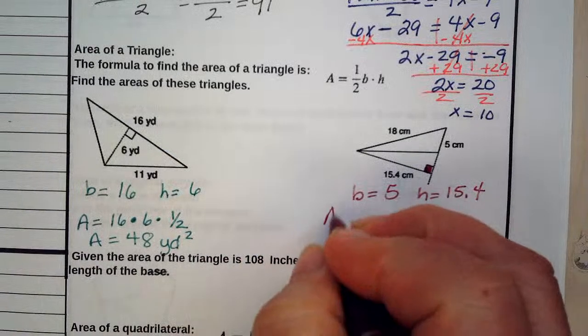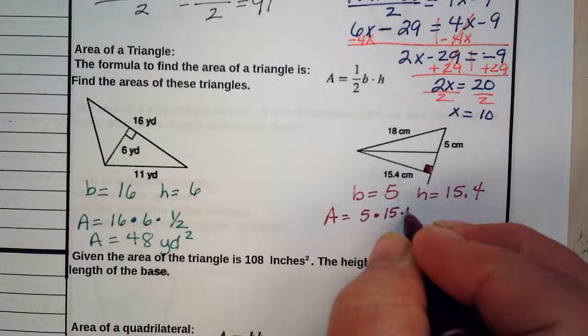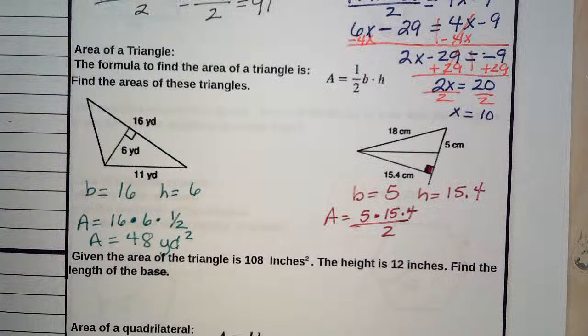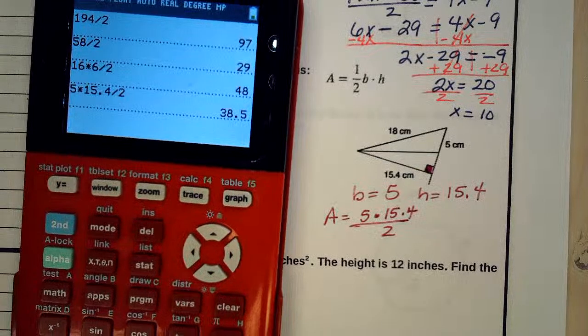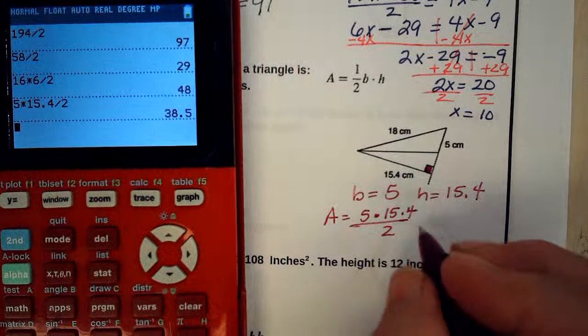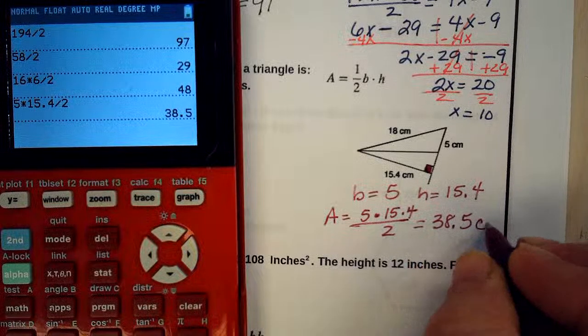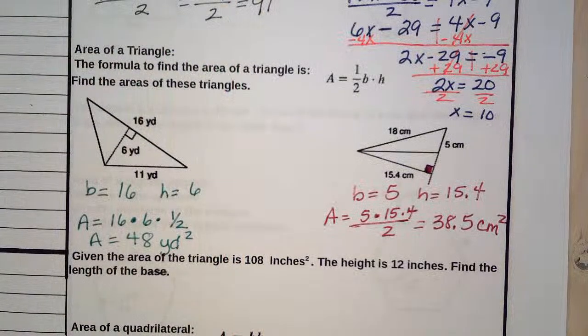So our area becomes 5 times 15.4 divided by 2, and I end up with 38.5. 38 and a half. That would be centimeters squared. We always have to put the correct units on our problems in geometry. So hopefully that was just a little bit of a review.